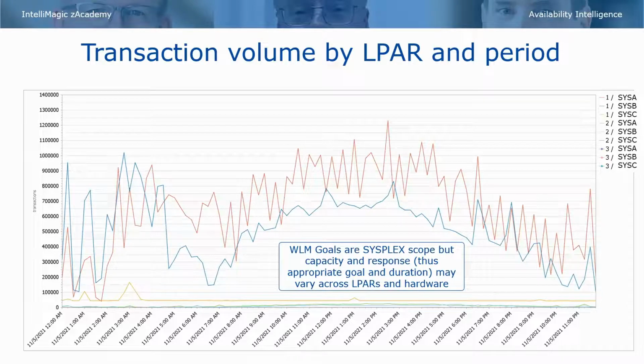And the relative difficulty of achieving that goal in each LPAR may vary based on the amount of work going there and based on the capacity of that environment. So when you're looking at all these metrics we've discussed, CPU, response time, et cetera, it's really a good idea to also contrast these across all of the LPARs in the same Sysplex.